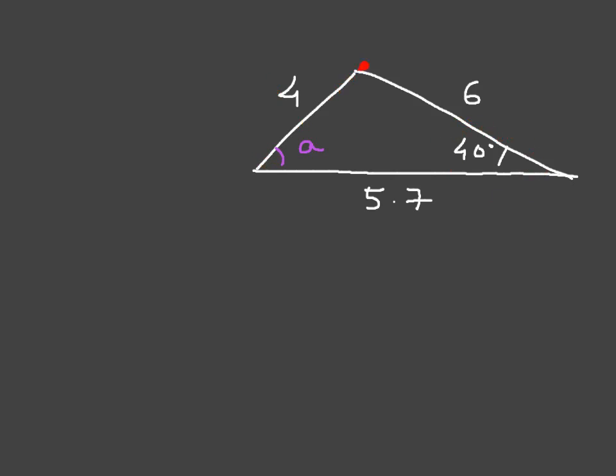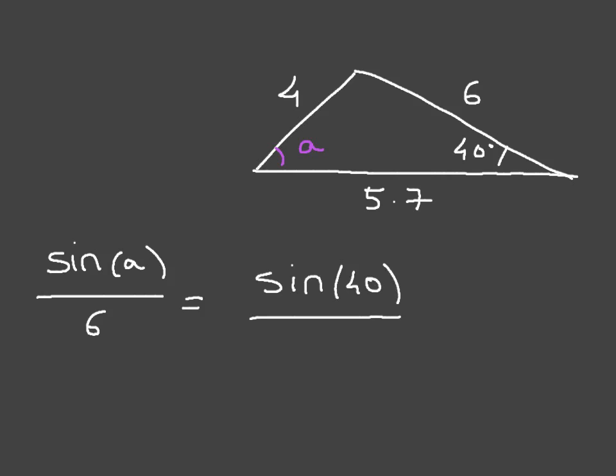Looking at this, we have a side length 4, and its opposite angle 40. That's the first box checked. Second, we're looking for the angle A, and we have the side length 6 which is opposite it. So this fits the criteria, and we can definitely use the sine rule. To find the unknown angle A, we write sine of A over 6 is equal to sine of 40 over 4.